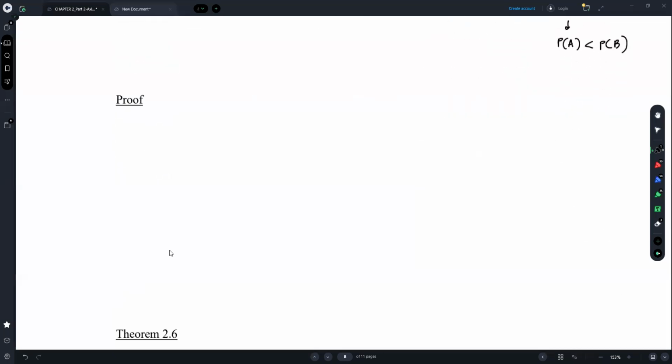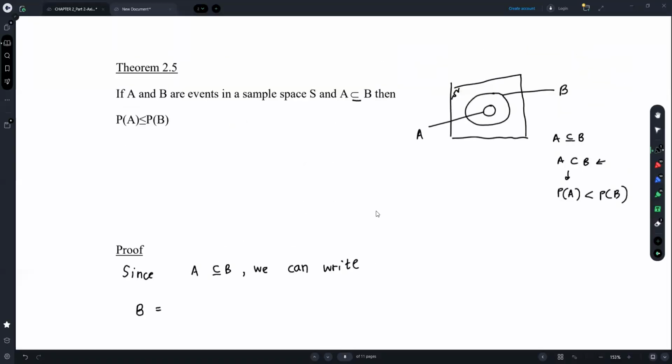Since we have A contained in B, we can write B as a union of two mutually exclusive events. How do you do that? Now look at the B.